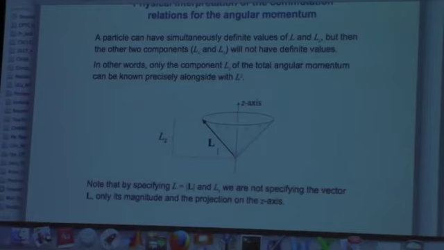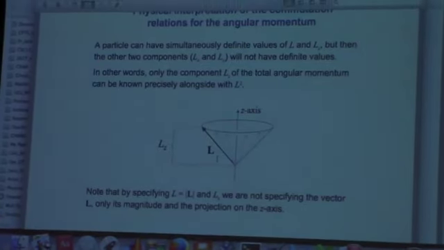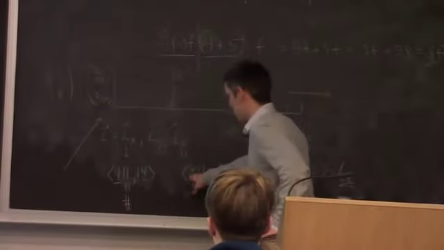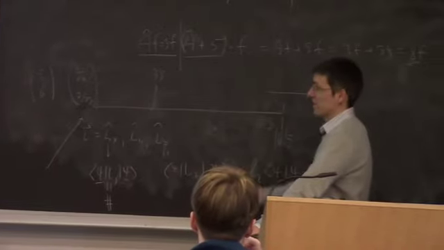Now, Lz doesn't commute with Lx or Ly. So if we have a system which is an eigenfunction of Lz, that means we have one clear number for Lz. I don't know what function this is, but all I know is that it's an eigenfunction of Lz, so it has a certain value of Lz.